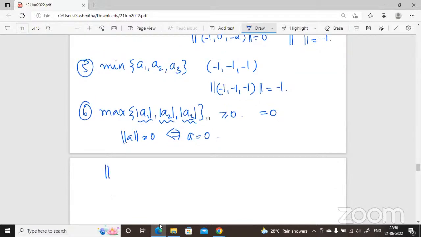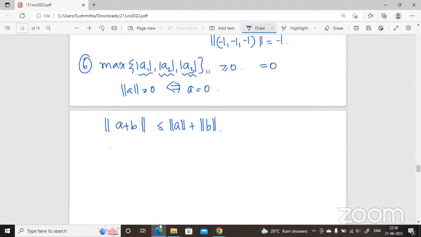What about the second condition? Norm of A plus B is less than or equal to norm A plus norm B. What is norm A plus B?